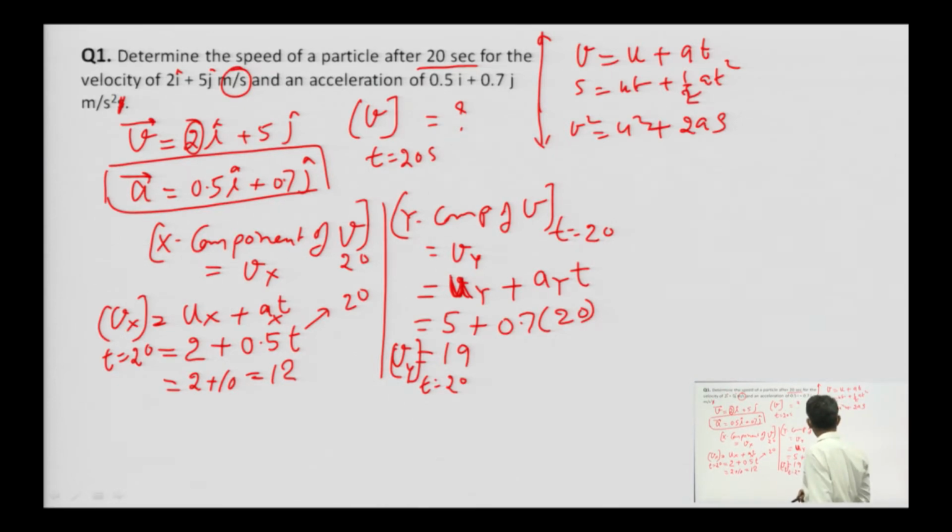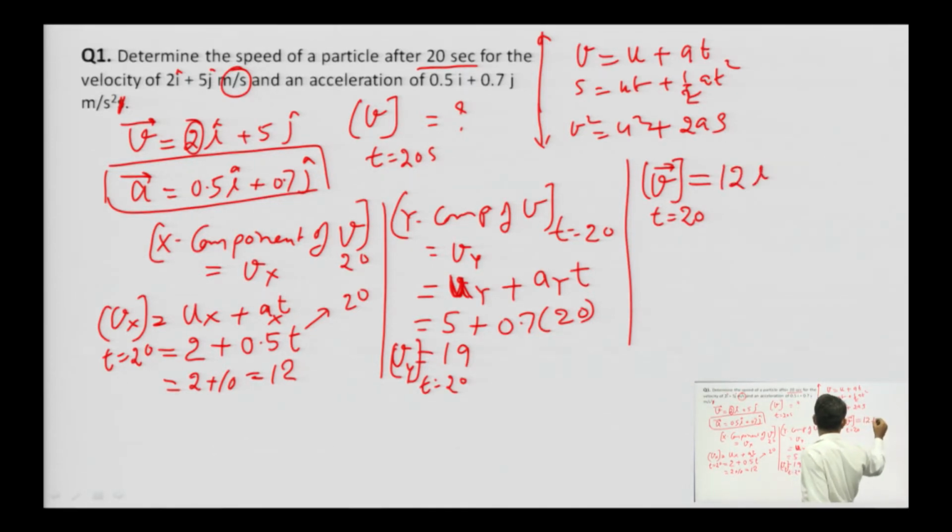So what will be V after t equal to 20? We have calculated 12 i cap plus 19 j cap.